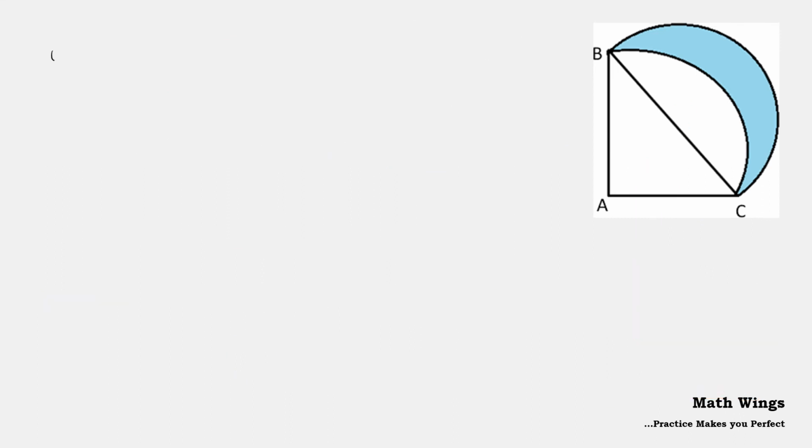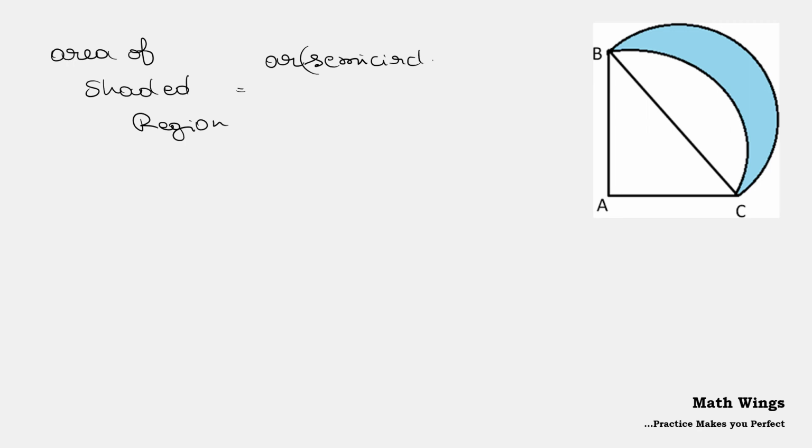Area of shaded region is equal to area of the semicircle minus the area of the segment. Correct? So what's the area of semicircle we got?